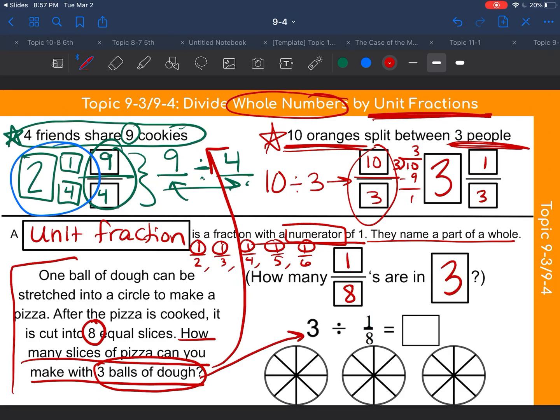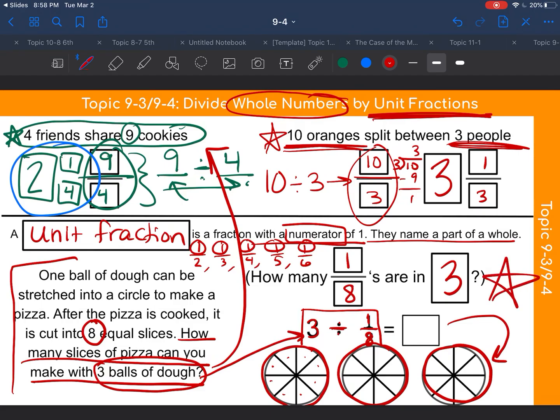So what we're trying to see is how many eighths are in 3 wholes. We write that division problem as 3 wholes divided by 1/8, because we're trying to figure out how many 1/8 are in 3 entire wholes. How I modeled this, guys, I drew 3 wholes and split each whole into eighths. To get my answer, 3 divided by 1/8, remember, we're just trying to figure out how many eighths are in 3.